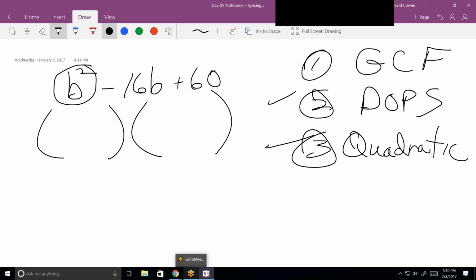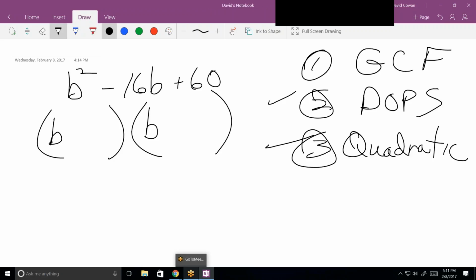Split that up. It's always the first step. That gets split up as B and B. In other words, if I'm going to FOIL this final answer back together again, the first thing I'm going to do is multiply B times B to get B squared. So that first step is very easy, very common, and always going to be the case.